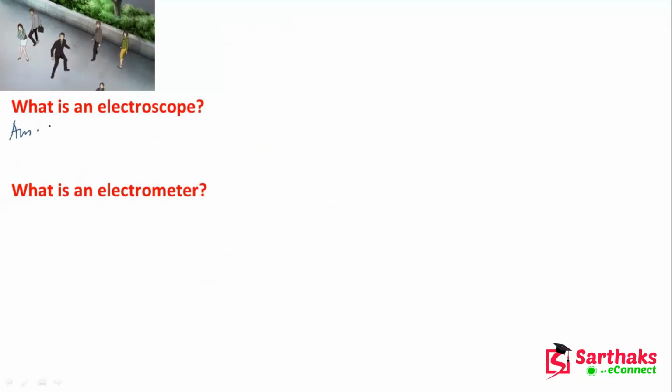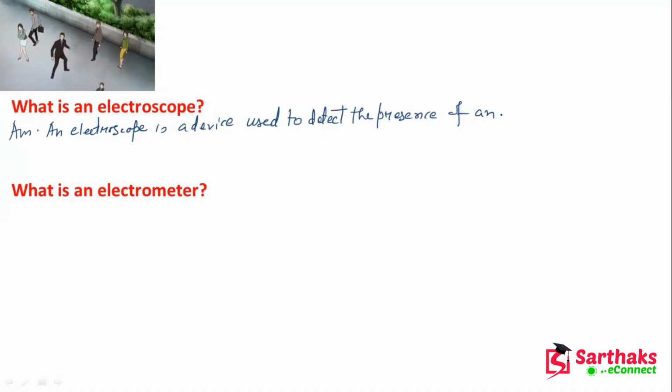What is an electroscope? An electroscope is a device used to detect the presence of an electric charge on a body.